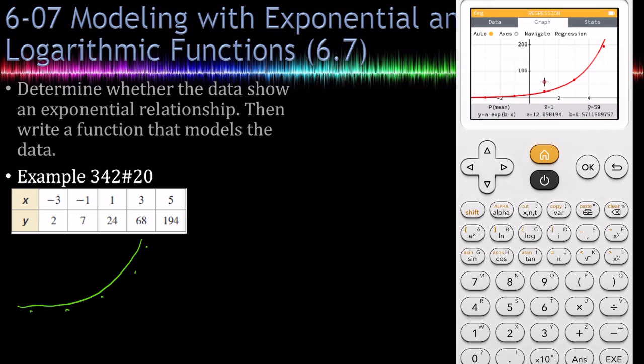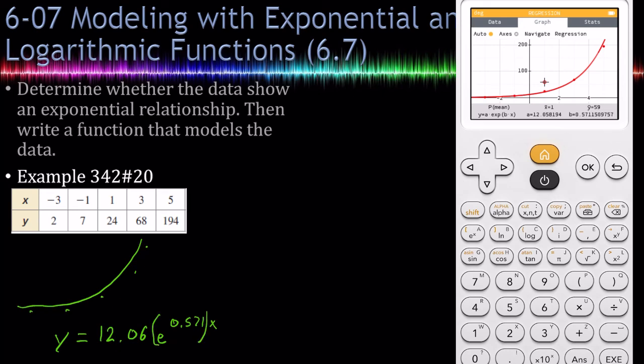So it looks like it is y equals a times e, that's the exp, raised to the b times x. Some of your calculators, in fact the answer in the book, it doesn't have the base e.